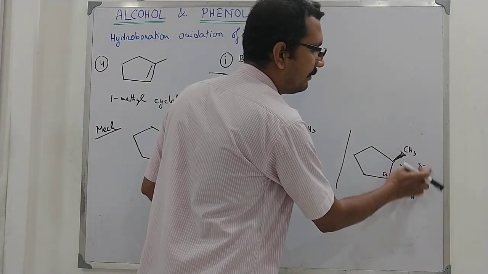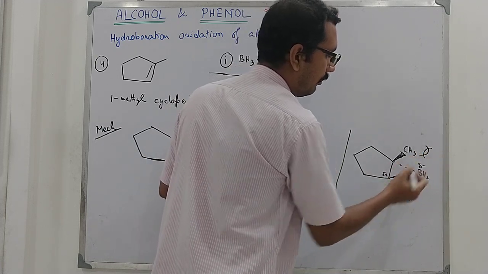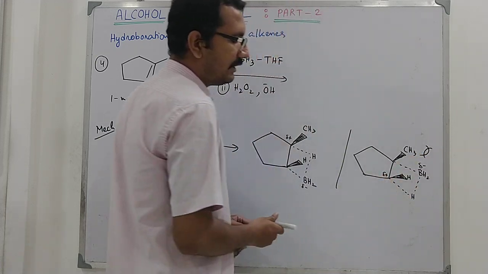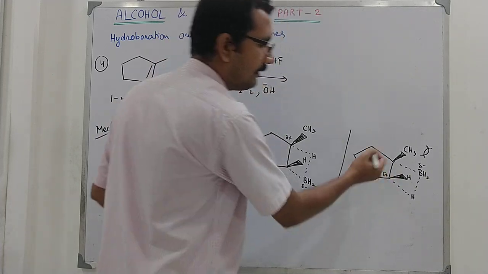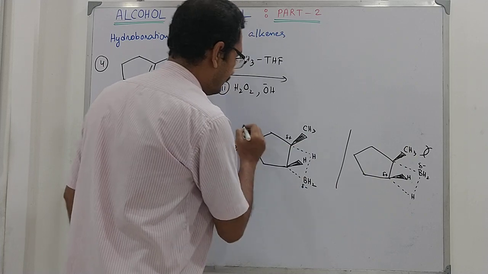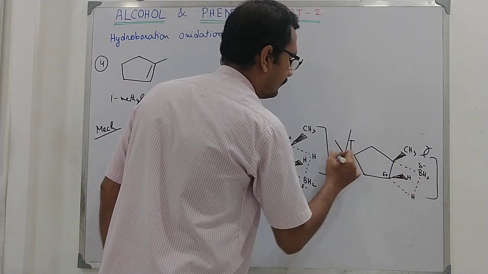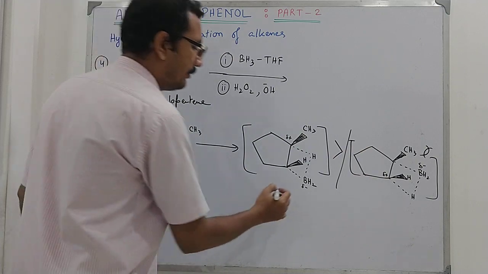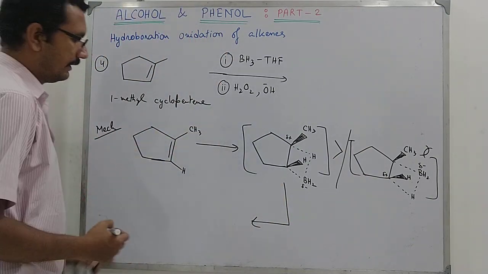Now here there will be steric repulsion between these 2 bulky groups, and also this partial positive charge is less stabilized since there is less plus I effect in this group. So this transition state is more stable than this one, so it will proceed through this transition state.